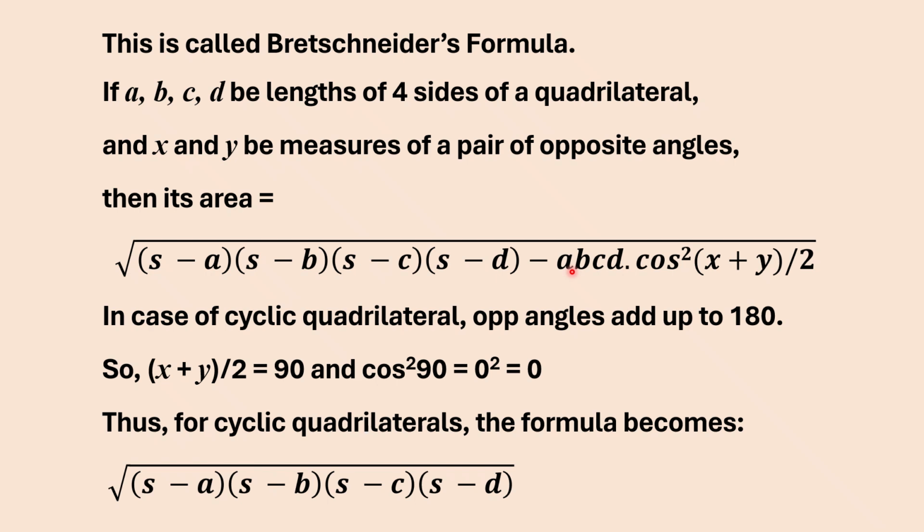The area of the cyclic quadrilateral would be given by the square root of S minus A into S minus B into S minus C into S minus D, because the remaining part, ABCD into cos square X plus Y by 2, becomes ABCD into 0, that is 0. So you get only the first part, and this is the area of a cyclic quadrilateral.